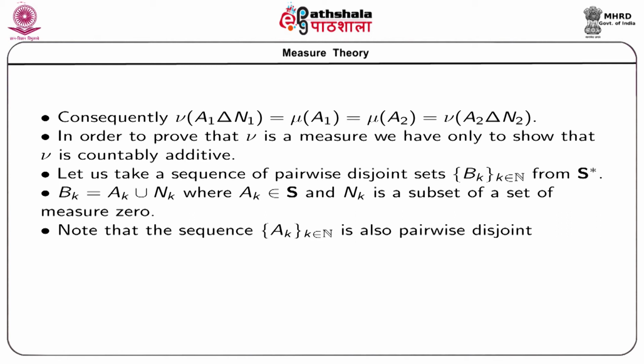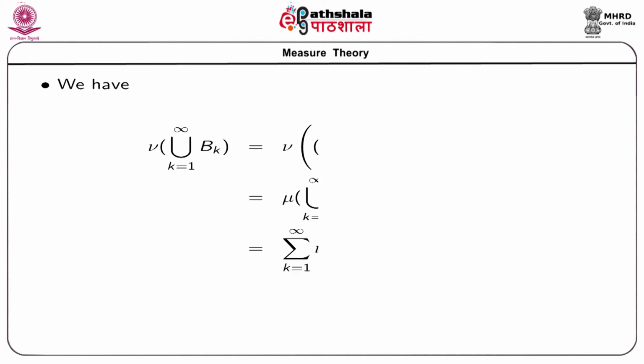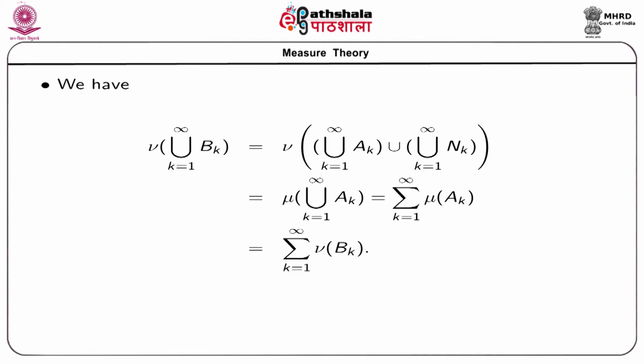Note that the sequence A k is also pairwise disjoint, and by countable additivity of mu, we get nu of union k equal to 1 to infinity B k.